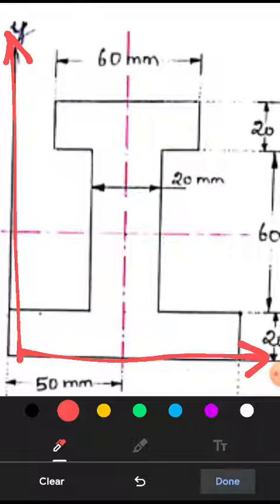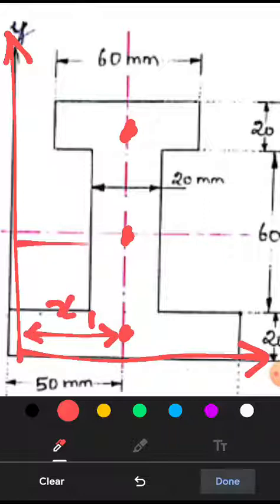Then we need to identify the local centroid: the centroid of this rectangle, of this rectangle, and of these rectangles. Then we need to measure the centroidal distances from the reference axis. For example, in this case this is your x1 distance, this is your x2 distance, and this is your x3 distance.